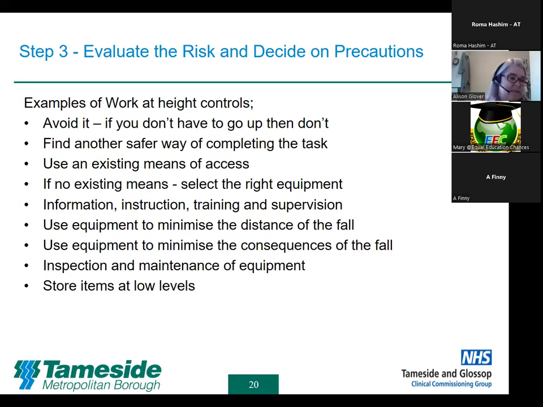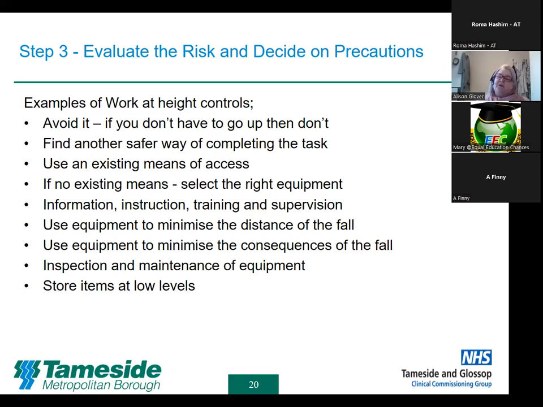In some instances of working at height, you would use pieces of equipment to either minimize the distance of a fall or minimize the consequences of a fall, or to prevent the fall altogether. So it's fall restraint and fall arrest systems, where you would wear a harness and be clipped in to a cable system on the roof.